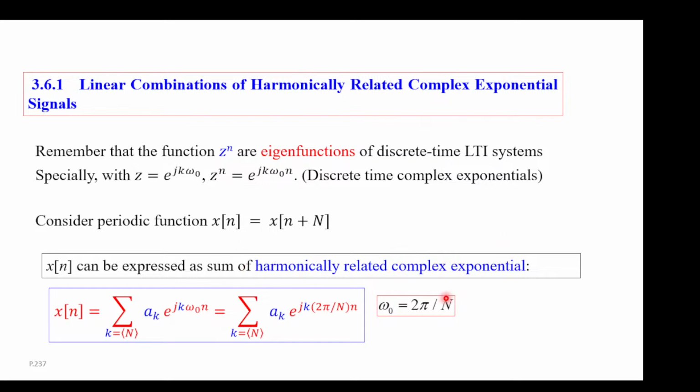So the harmonically related complex exponentials also have period big N, and so we try to write it as this summation.